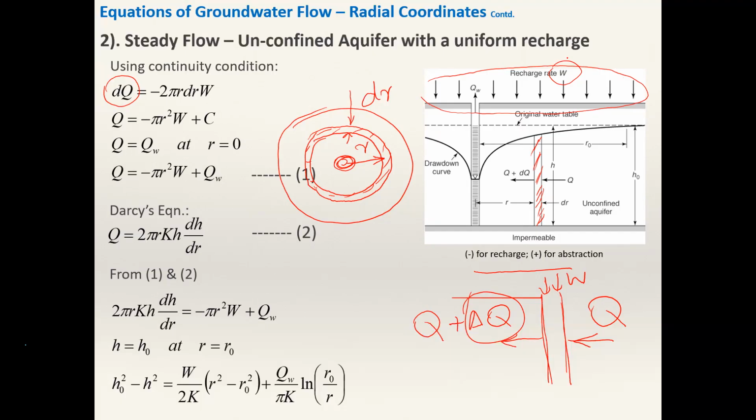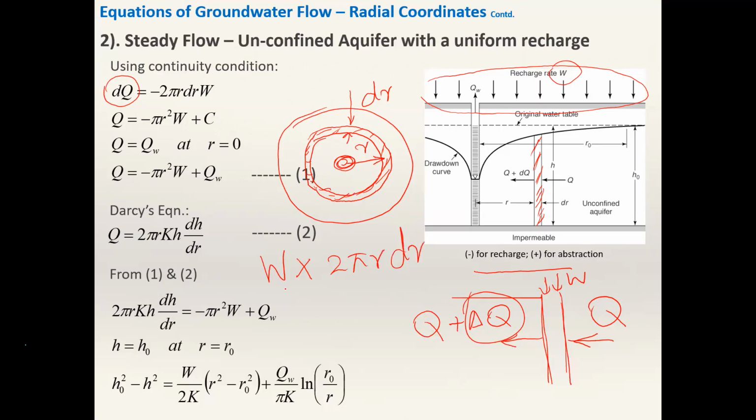All right. So what we can do, we can write this dq in terms of W. So dq will be equal to W, that is the flow rate per unit area, multiplied by this area. So what is this area? That is equal to 2πr, the perimeter, multiplied by dr. Right?